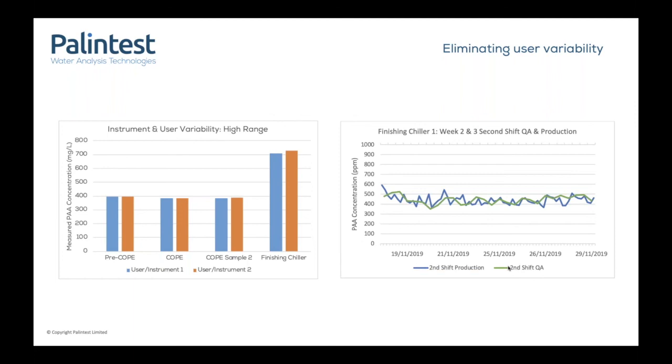So we also worked with a customer late last year for a multi-week extended trial, and we were able to show that without any involvement from us, the production team and the QA team were able to line up their results over many weeks of testing. So again, 2 different teams, multiple people, 2 different instruments, showing fantastic correlation in process.